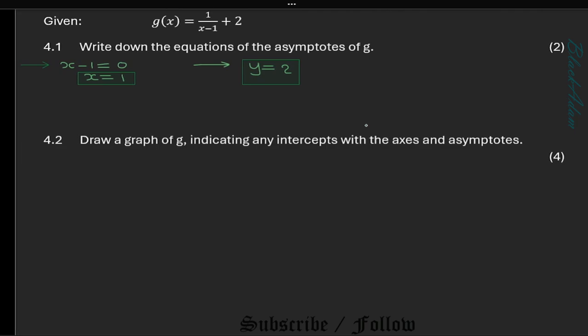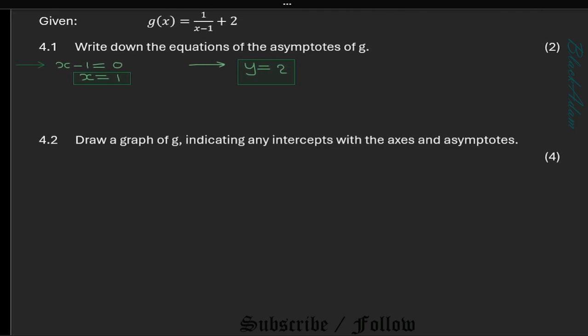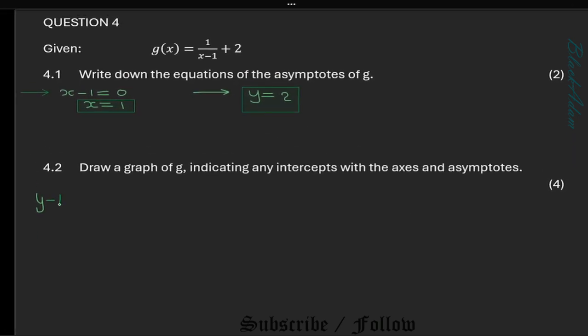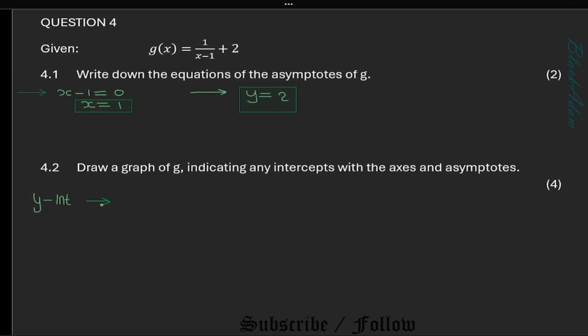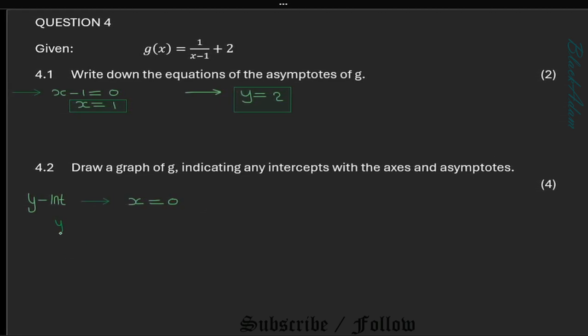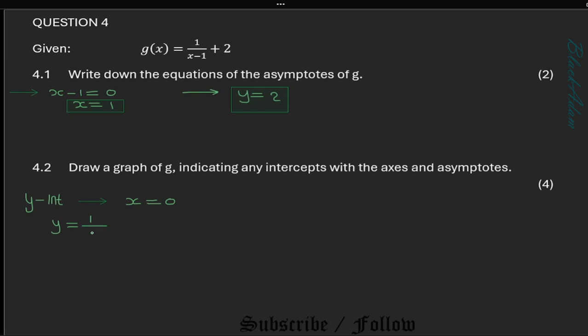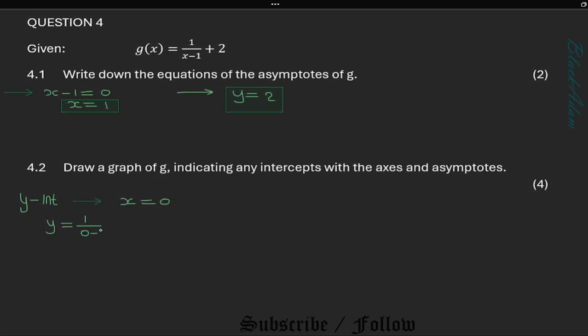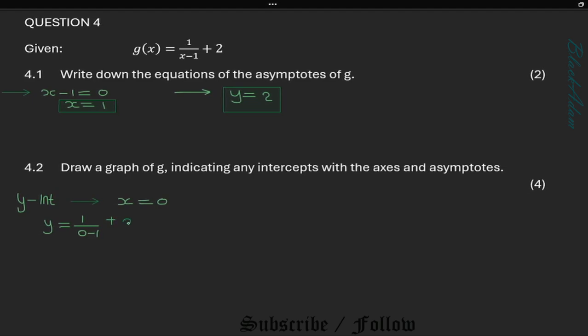The next part we require is to draw the graph. Drawing the graph requires that we find the intercepts. So we have a y-intercept. For the y-intercept, x has got to be 0. So we check the equation above. g of x is equal to y. So y is equal to 1 over 0 minus 1, plus 2.